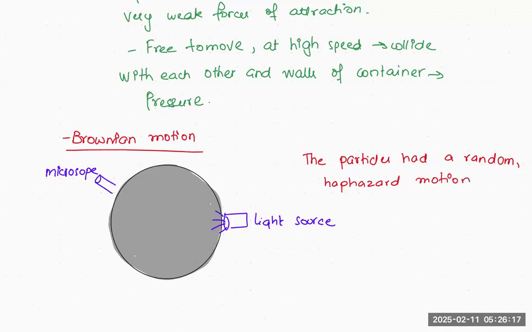So they were moving around randomly. There was no pattern to it. There was no logic behind it. They just had a very random sort of movement. Haphazardly, they were moving around in the setup. So this is basically Brownian motion.